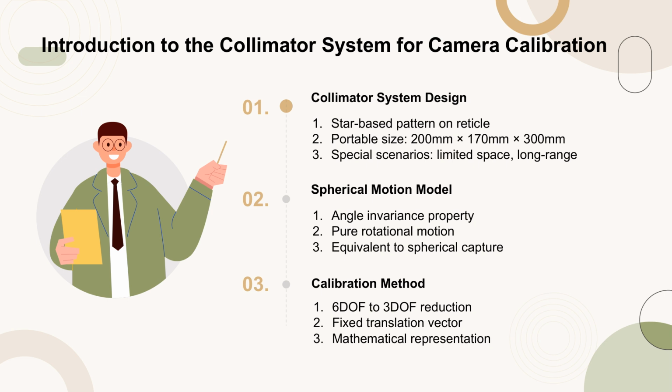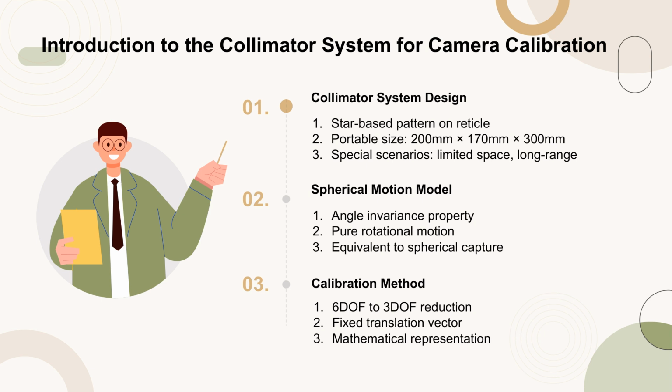This is due to the angle invariance property, which ensures that the angular distance between any point pairs on the target remains constant regardless of the camera's pose. The calibration method reduces the general 6 DOF motion to a 3 DOF pure rotational motion, with a fixed translation vector that does not depend on the target's pose.